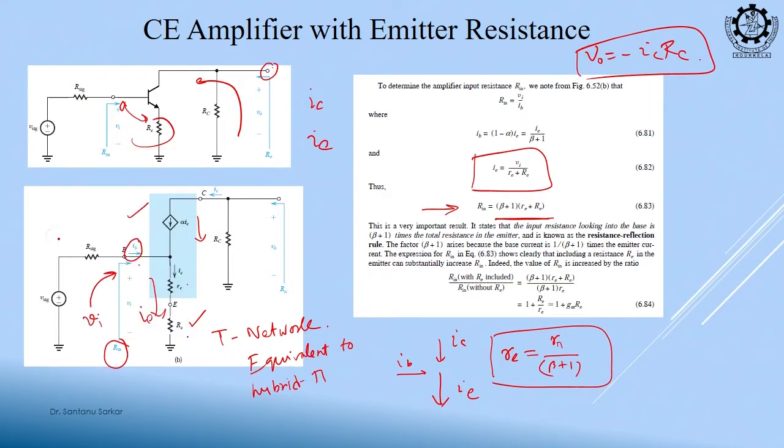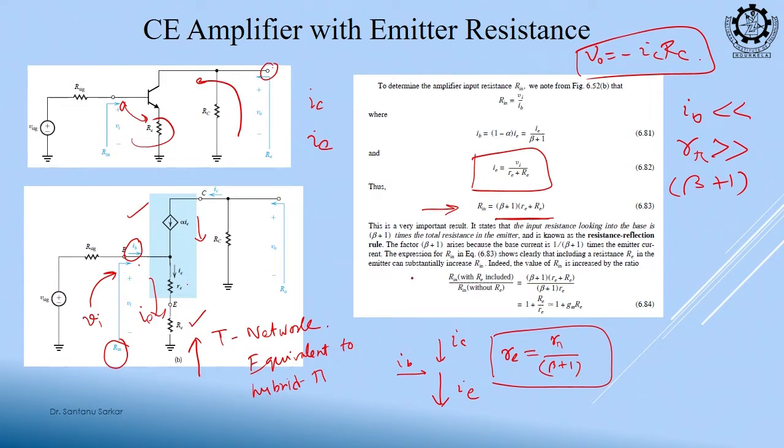So, if you look from the base, you will see beta plus 1 into small RE plus capital RE, because base current IB is much less. If IB is much less, the resistance in the base side should be much higher. What is the relationship? Beta plus 1. In the emitter side, I am seeing small RE plus capital RE, and that will be multiplied by beta plus 1.